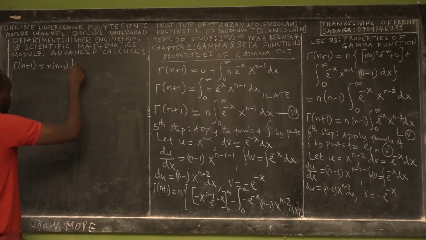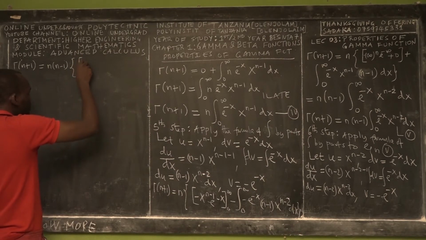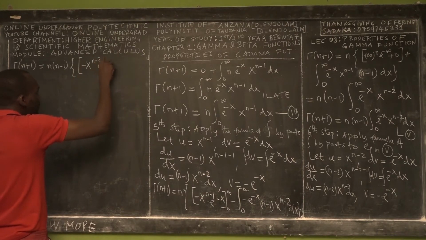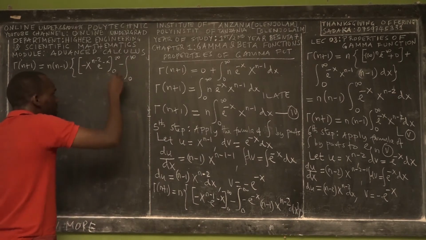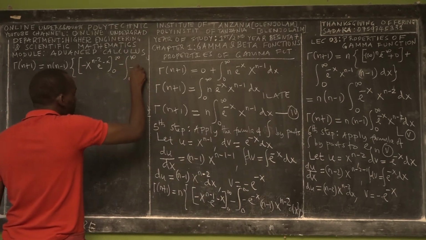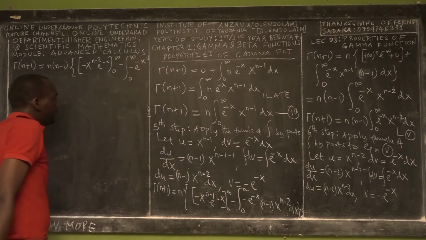But now we have integrated equation 5 by using integration by parts. Our u is what? It is x power n minus 2. But then we have v, it is negative e power negative x, with limits from 0 to infinity. Then minus integral from 0 to infinity. The integrand is what? For v, it is negative e power negative x.